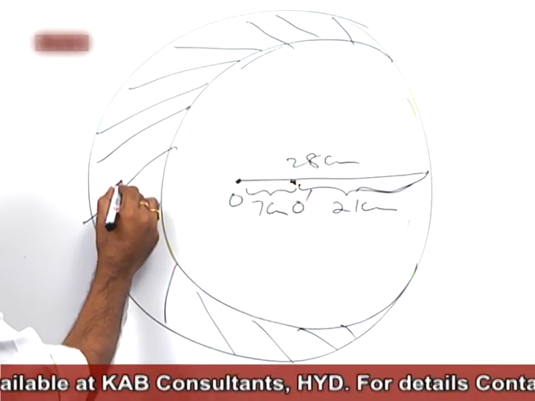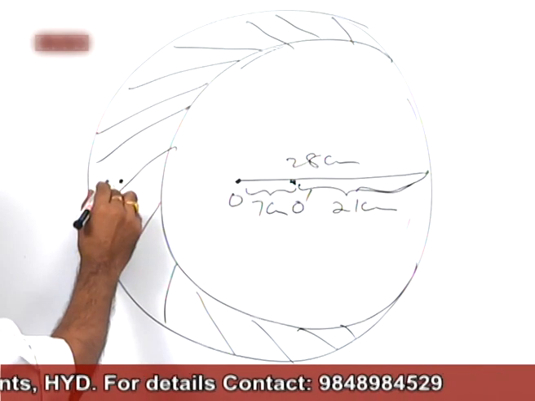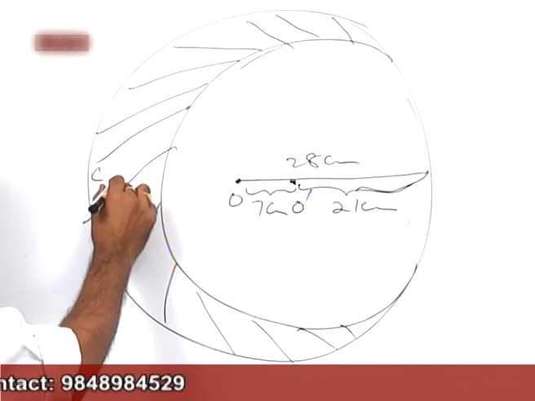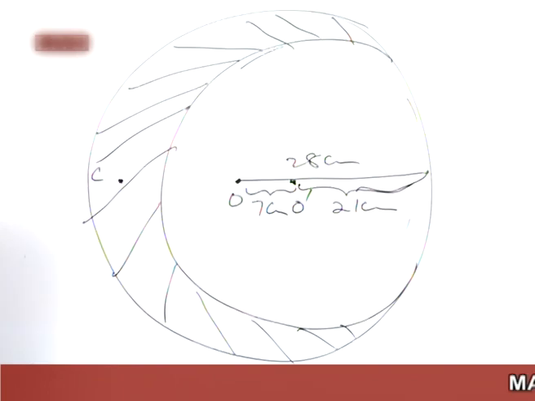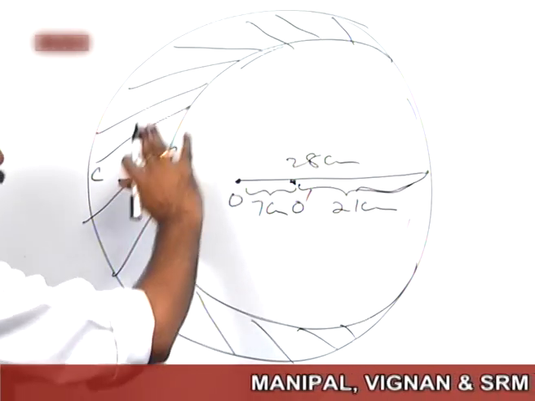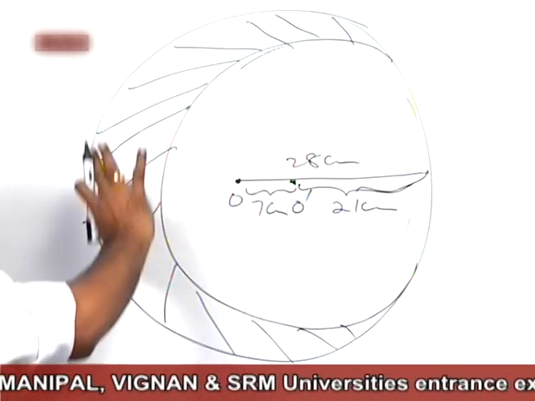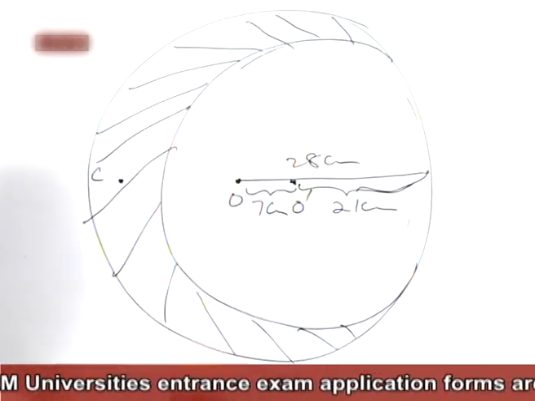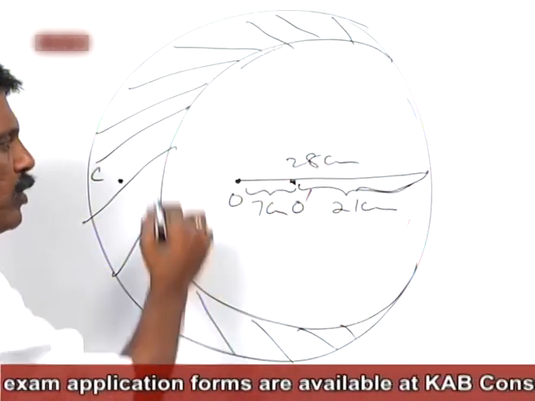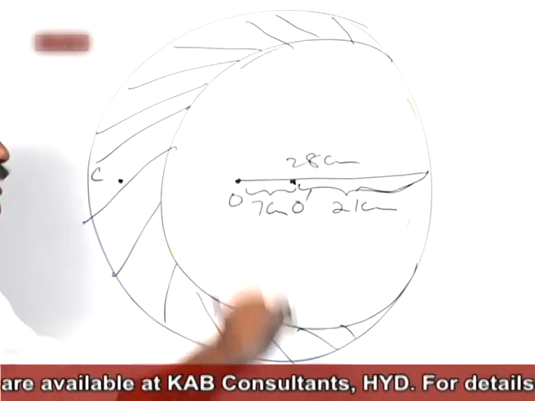Now, let us suppose the remaining part has its center of mass at this point C. The original center of mass for both the parts together is O. When both are combined, it is a single plate whose center of mass is at O, and the center of mass of the removed part is at its center, O dash.